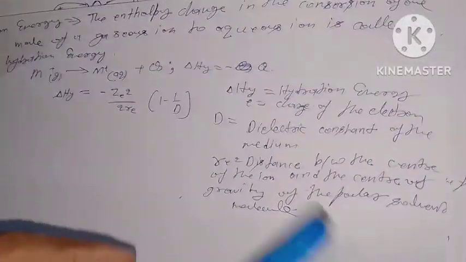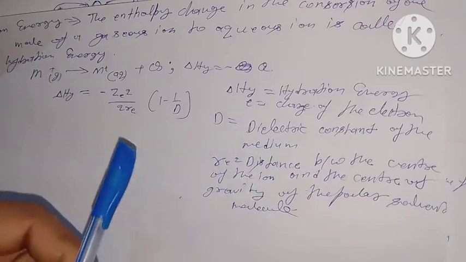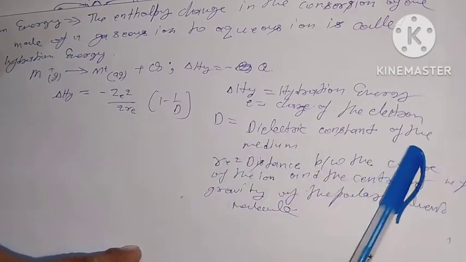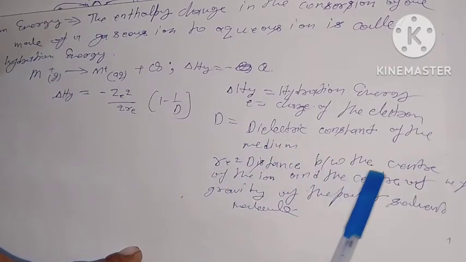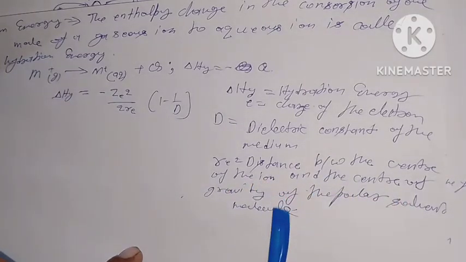Okay. Delta H hydration energy, e is charge of the electron, and D dielectric constant of the medium. R is distance between the center of the ion and the center of gravity of the polar solvent molecules.